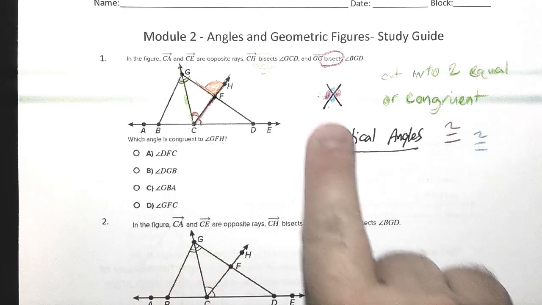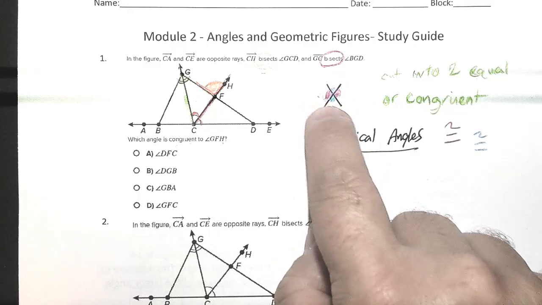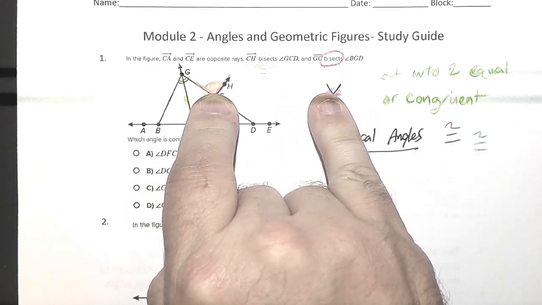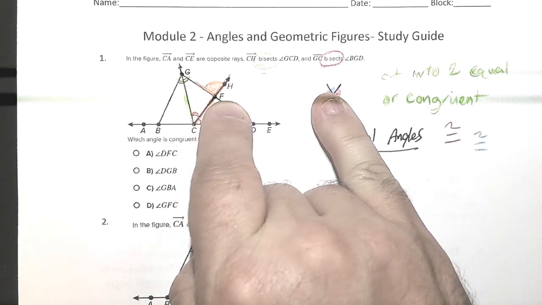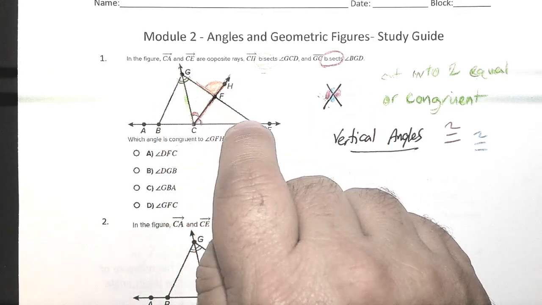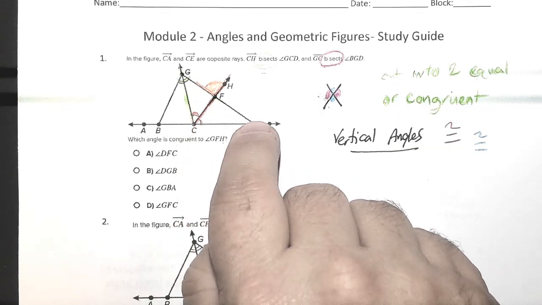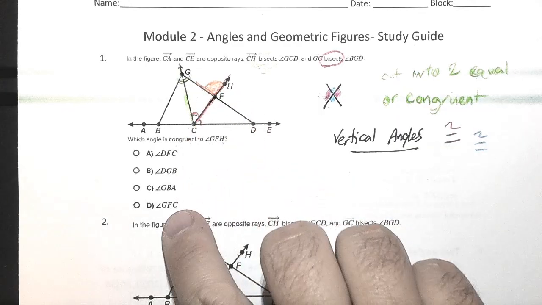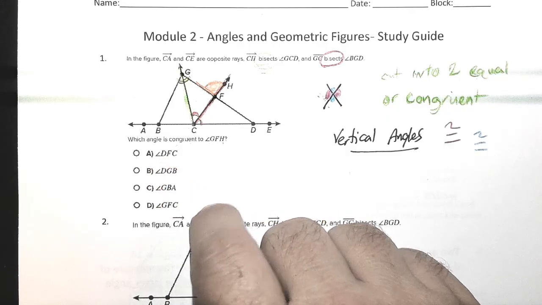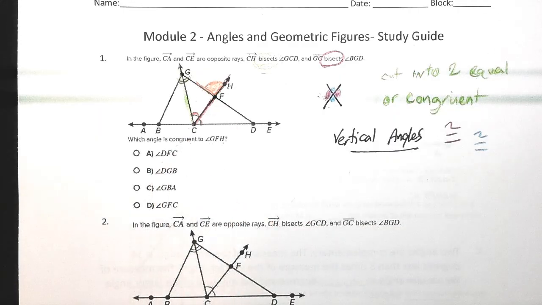So back to our problem over here. This, if you notice, looks like this. The orange here would be like the blue. It's the top of these vertical angles. So to be vertical with GFH, the one across from it would be either CFD or DFC. I don't see a CFD, but DFC, see that right there.